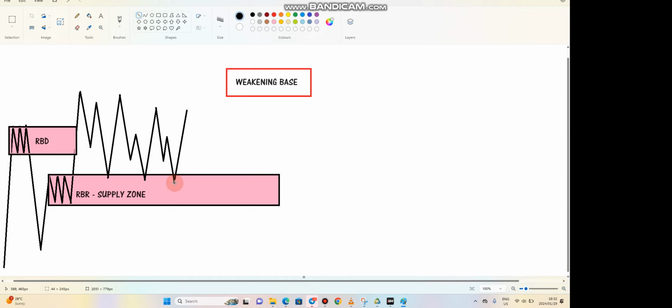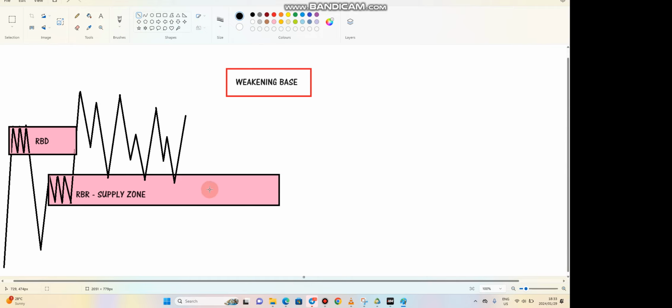Now when price does this, we've got plenty of different kinds of traders out there. We've got the 3-point strategy traders, the breakout traders, the supply and demand traders.